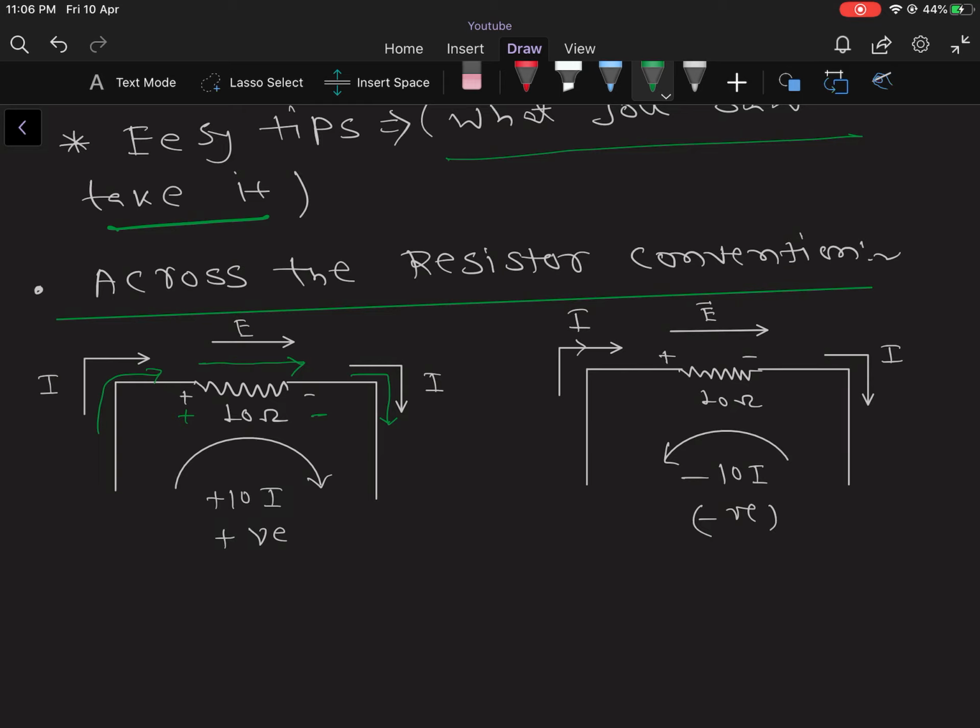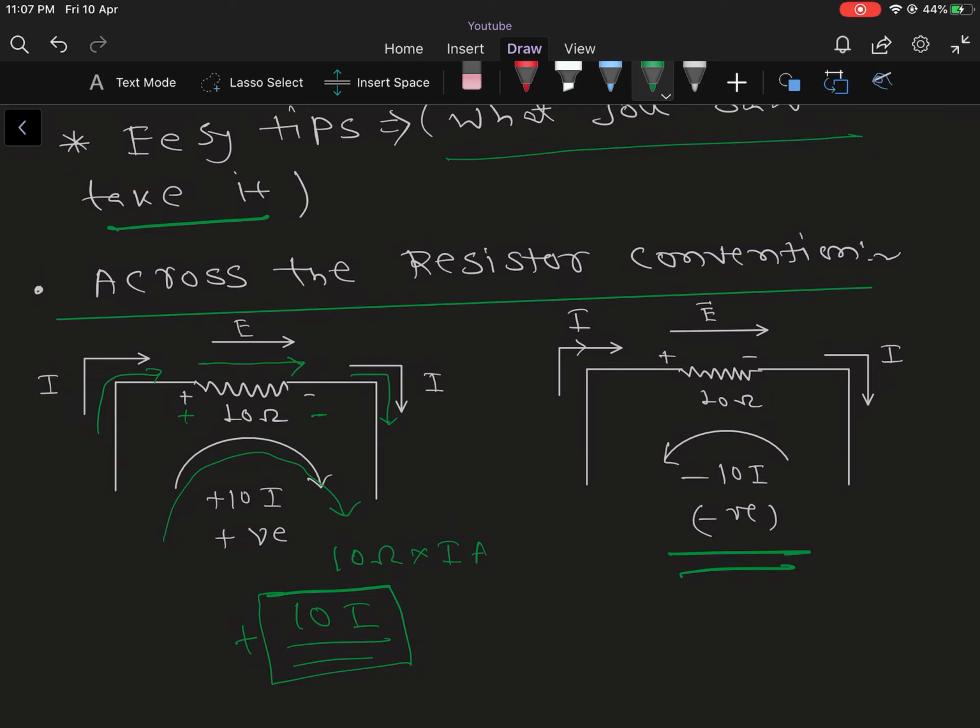While moving in the loop, if we move in the direction of the electric field, we take the voltage drop across the resistance, here 10 ohm times I ampere, say 10I without any unit, as positive. In another sense, if you are moving in the direction of current, you take the voltage drop across the resistance as positive.